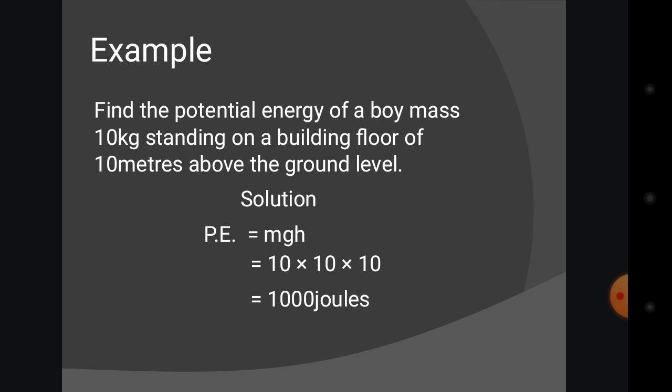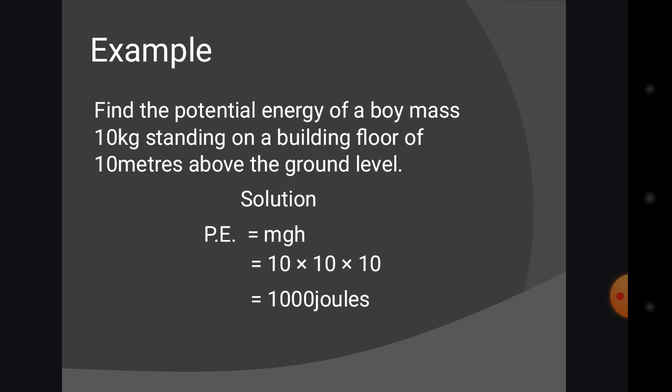If we multiply them, we find the potential energy of that boy. On the calculator, 10 times 10 times 10 gives 1000 joules. So this 1000 joules is the potential energy of that boy.